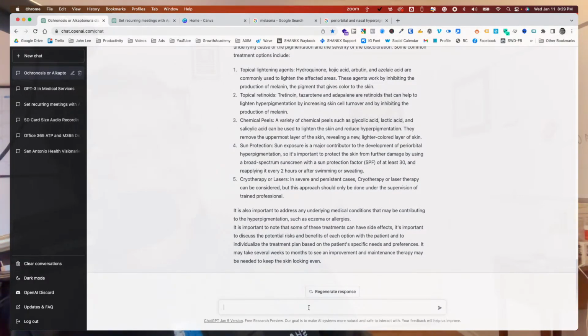Well, I am one of those stubborn people who don't want to use any topical medications. So I'm going to say the patient refuses the use of any topical medication.